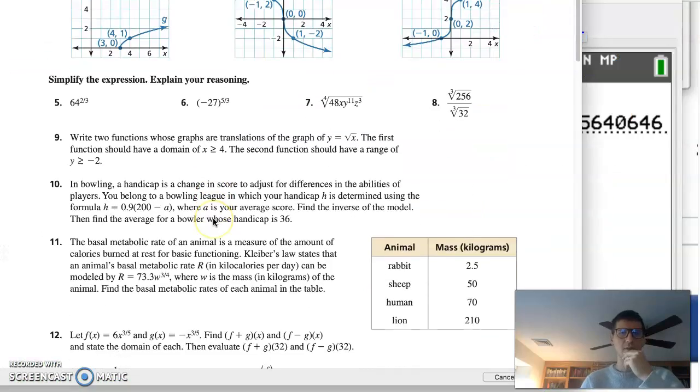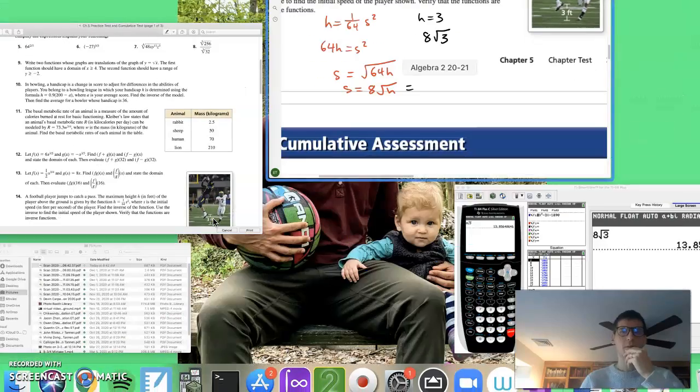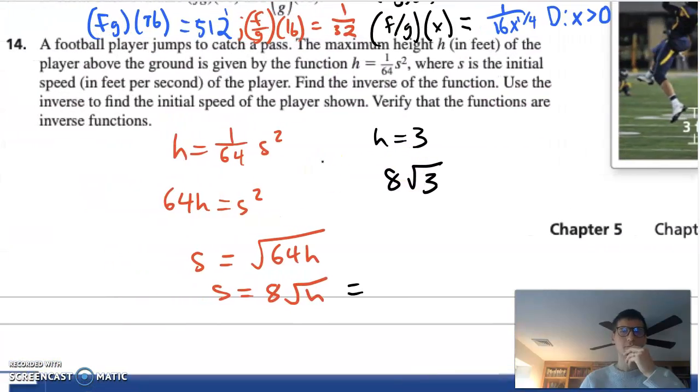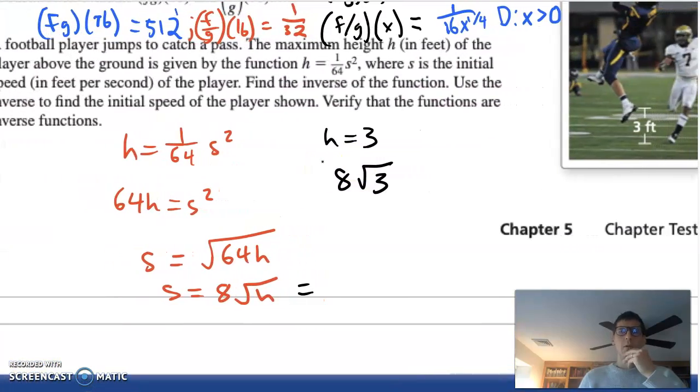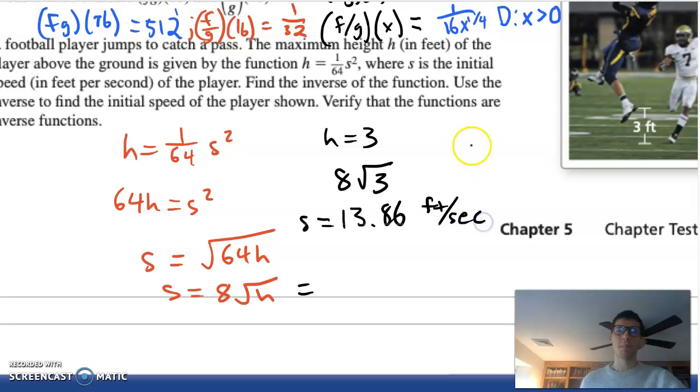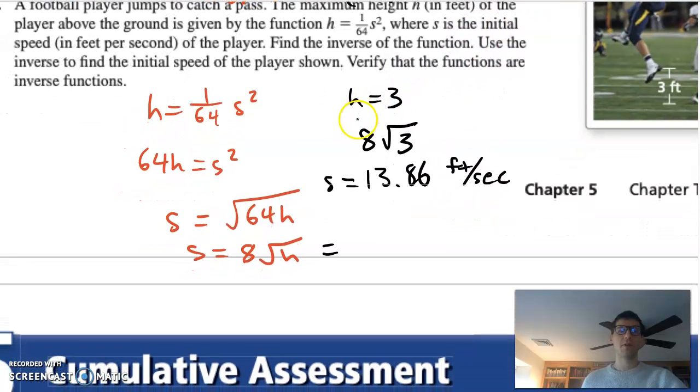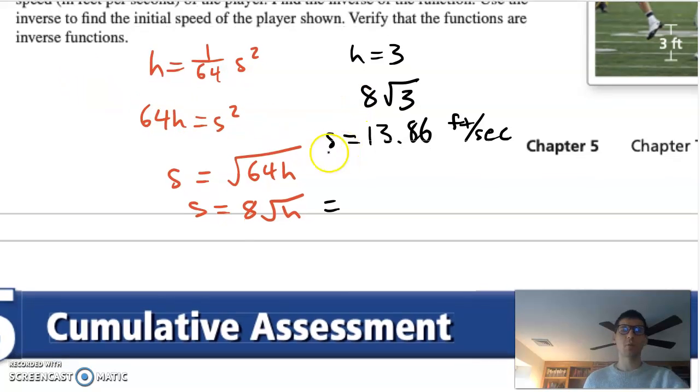Does it specify here? No, so let's do hundredths here. 13.86, and s is in feet per second.